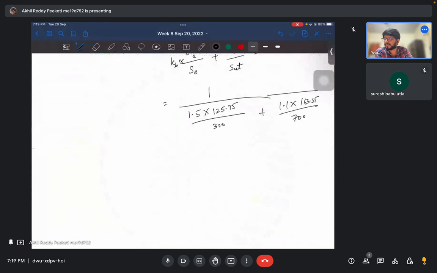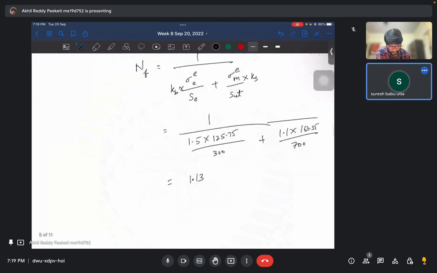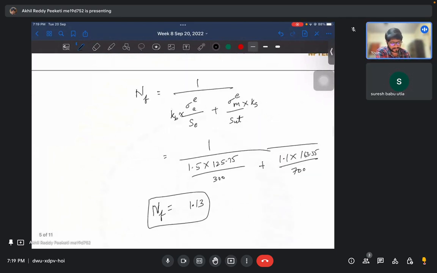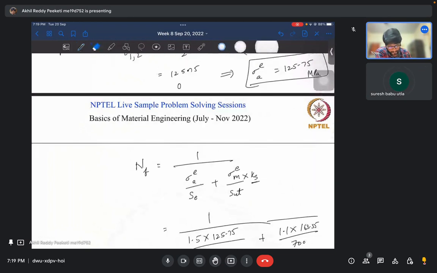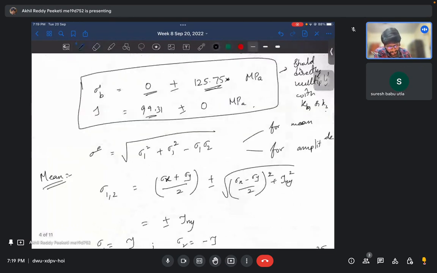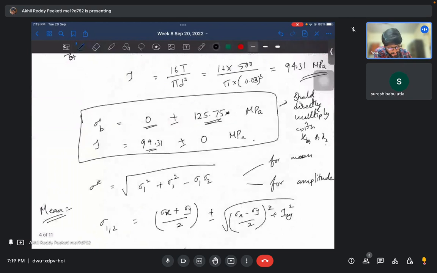Is this clear? You will get the stress concentration factors, so you should multiply them here itself. So this is bending, this into Kf, this into Ks.